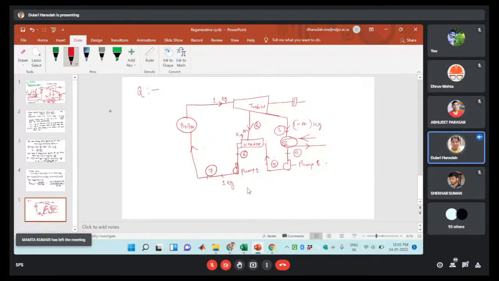Okay, so suppose in this case your pressure is 5 bar, here it is 30 bar, and in this case let us take it as 0.1 bar.